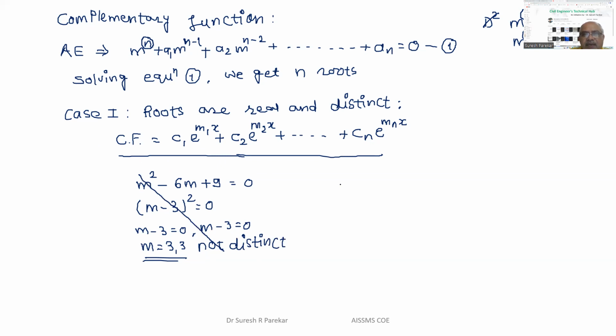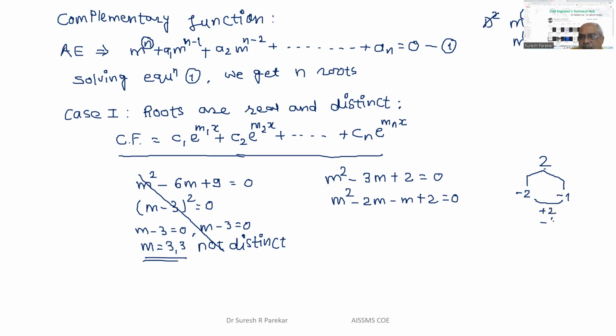Now take m square minus 3m plus 2 equal to 0. Then I will get m square minus 2m minus m plus 2 equal to 0. We have two factors: one will be minus 2, the other will be minus 1. Multiplication of these two is plus 2, and addition of these two is minus 3.